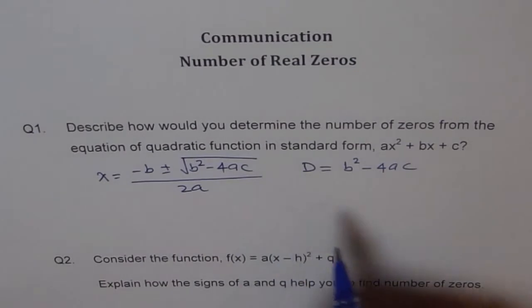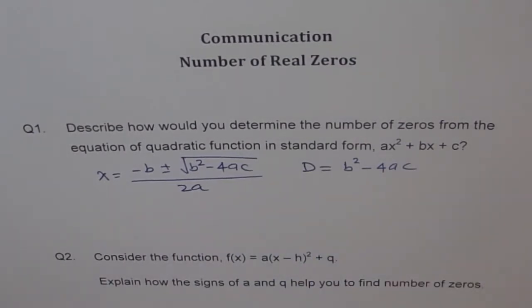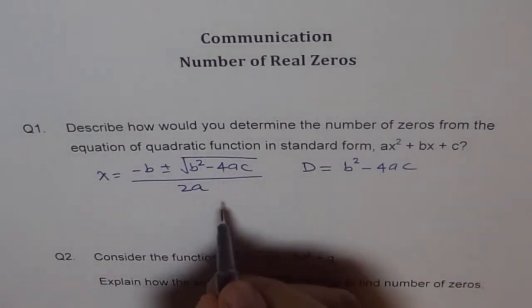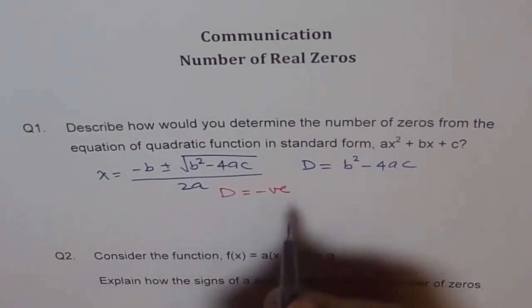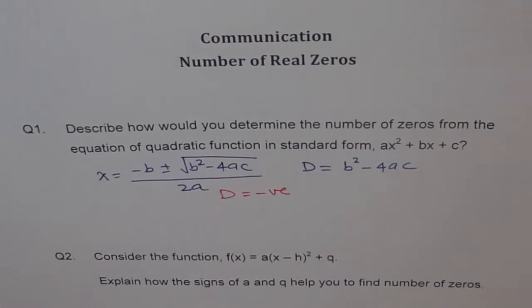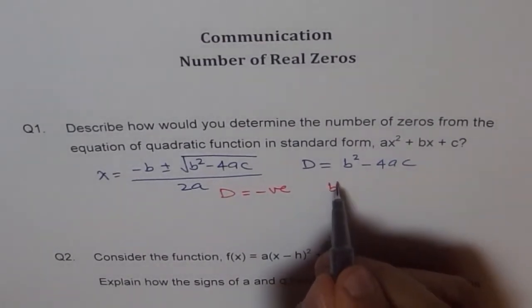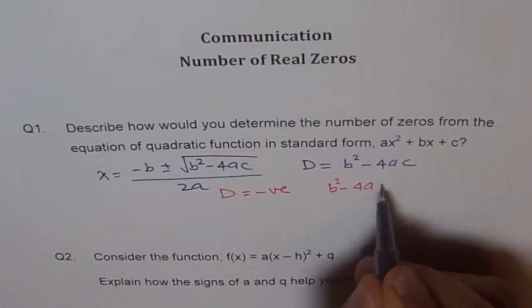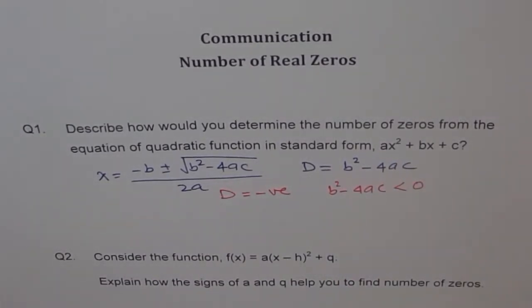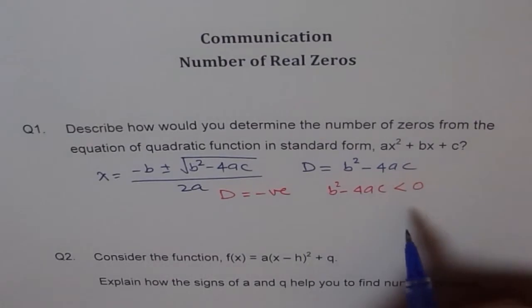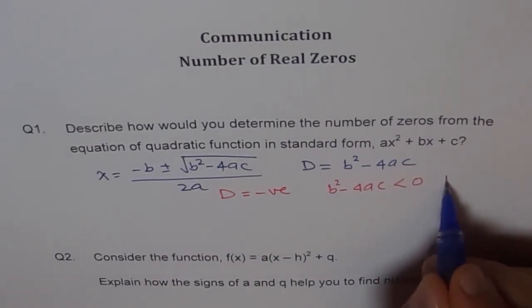Now, if D is negative, right? That means b squared minus 4ac is less than 0. In that case, how many solutions do I have? None, right? So this is the condition for no solutions. We'll write none.